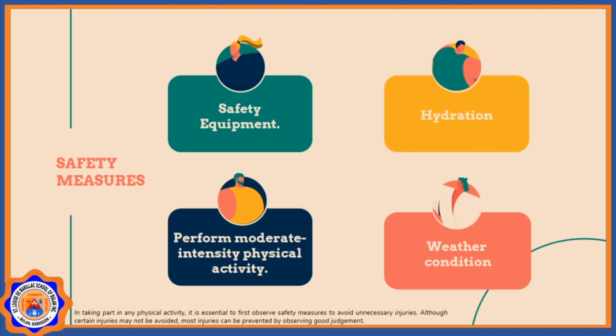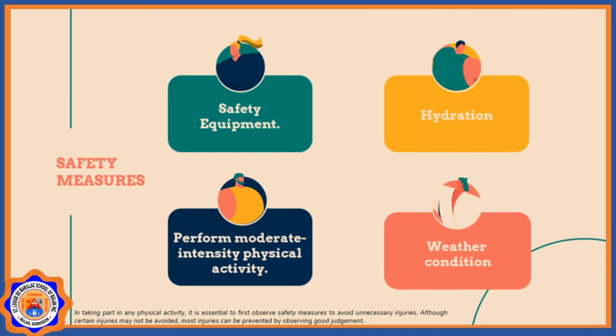Next, weather condition. Wear appropriate clothes for the weather. Okay? The clothing you wear has to make you feel a little cool at the start of your exercise, and then wear light colored clothes during sunny days so as not to absorb too much heat and avoid overheating. And put on sun protection kapag lalabas ka, lalo na init, okay?